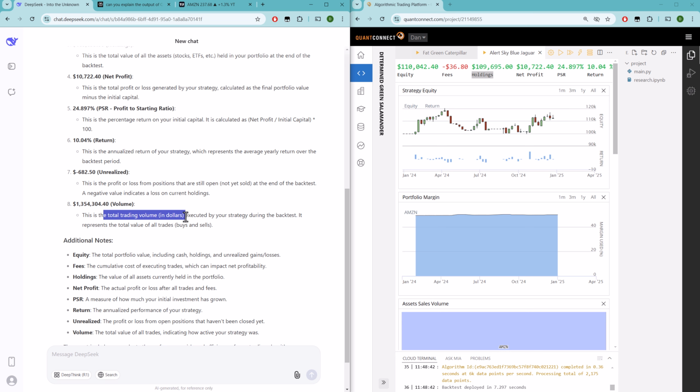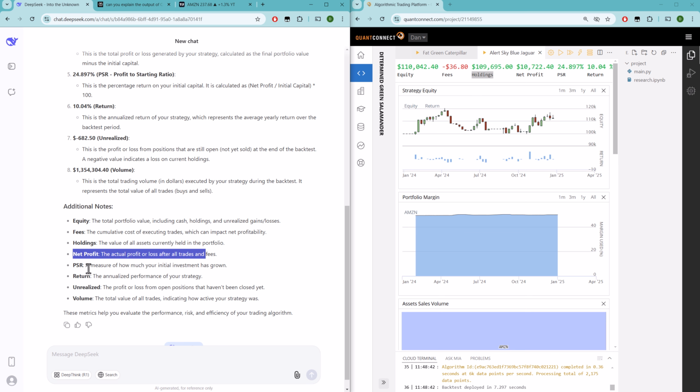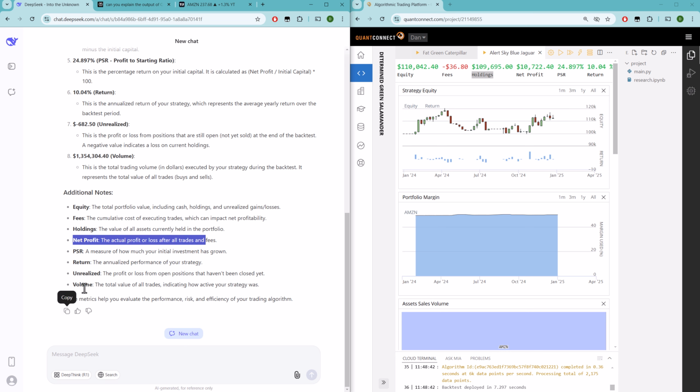Volume, total trading volume in dollars. Total value of all trades. So I bought and sold with my humble 100,000, 1 million and more. Additional notes. Okay, here we have more explanation. Equity, total portfolio values, fees, cumulative costs, holdings, everything in my portfolio, net profit, PSR, return, unrealized, and volume. Okay, fair enough. These metrics are supposed to help evaluate performance, risk, and efficiency.